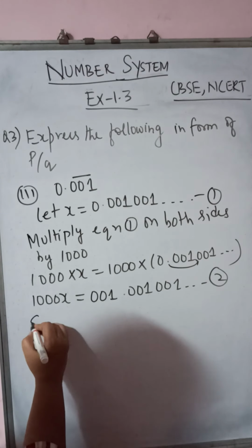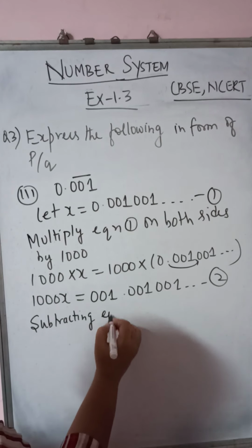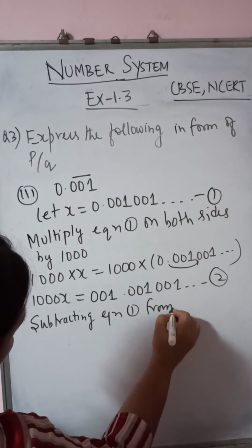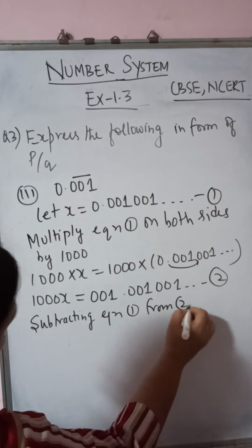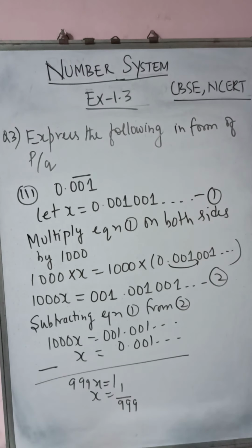Now again subtracting equation 1 from 2. So 1000x is equal to 1.001 and what was equation 1? x is equal to 0.001. So 999x, on subtraction, is 1 minus 0, which is 1. So x is equal to 1 by 999. So this is done. Question number 3 is completed.